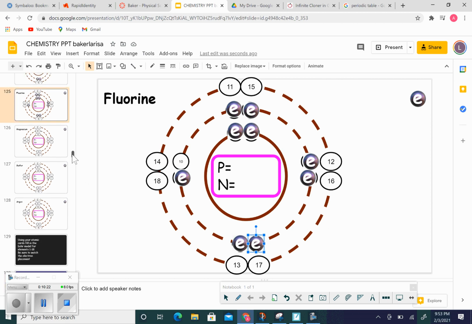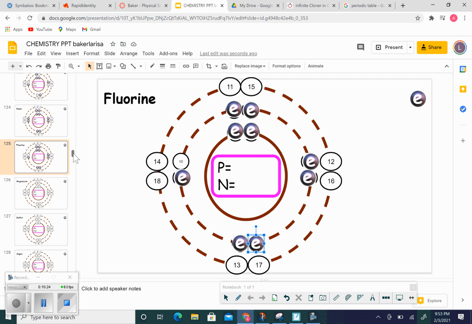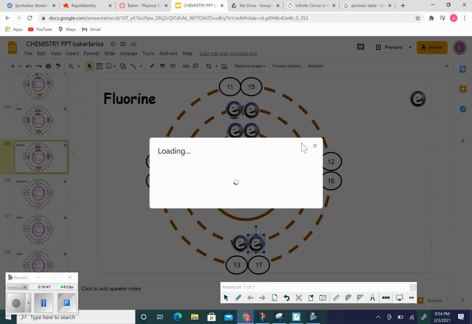Your assignment is to go back to page 110, or sorry, 210. I would like you to put the correct amount of protons in the suitcase and neutrons in the suitcase. Then I would like you to place the electrons on each of the rings. Once you do that, I would like you to go to the share button.